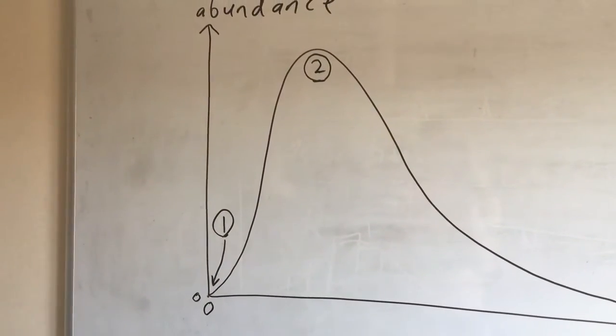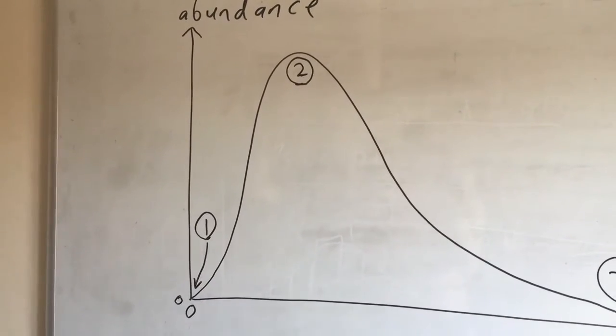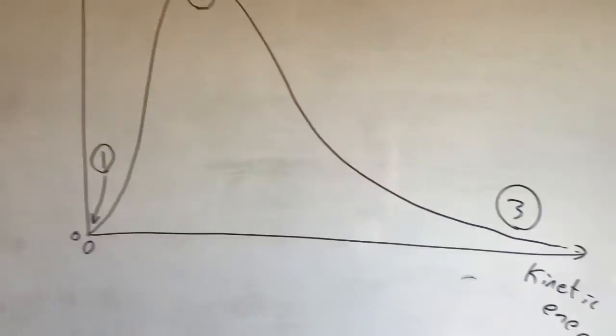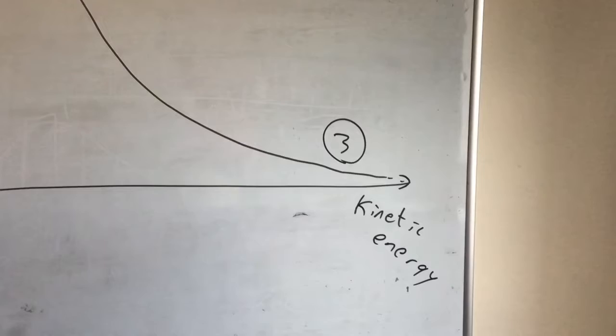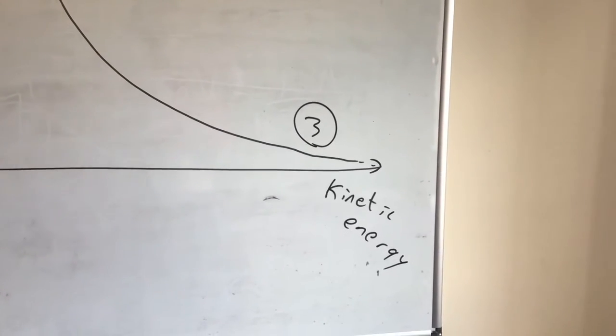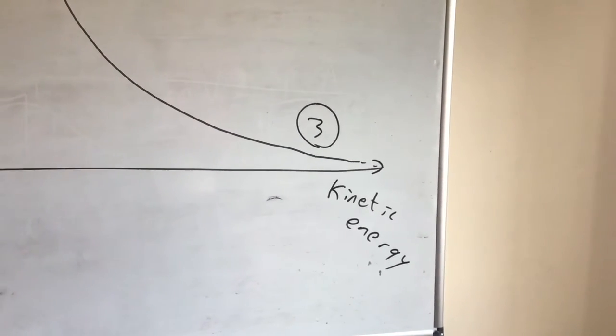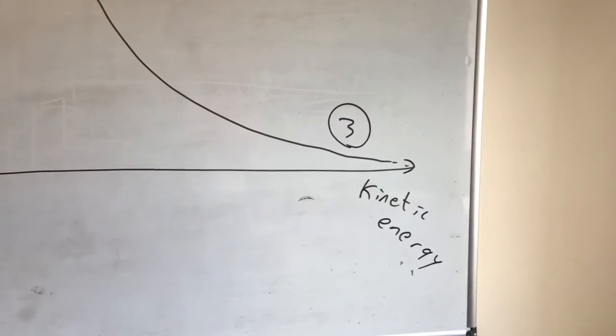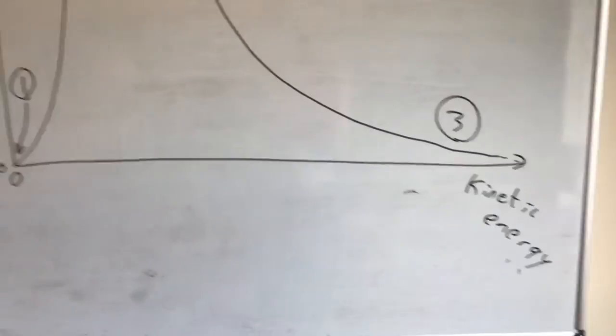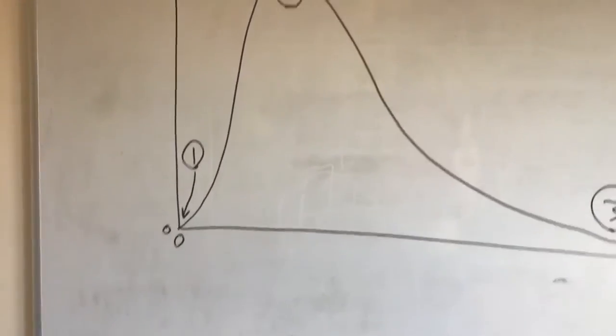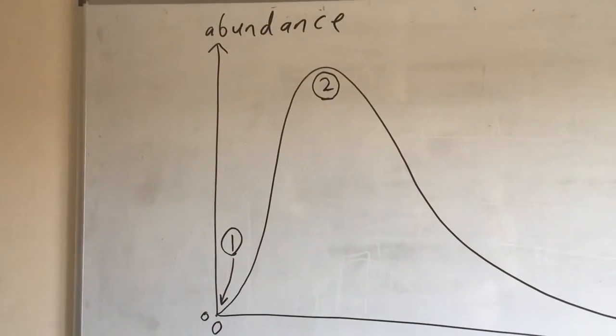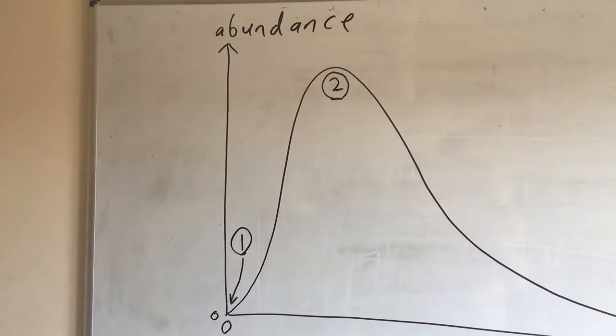Now obviously nobody actually sits there with a stopwatch and a ruler measuring the speeds of molecules. Can you imagine? What a stupid idea. Instead, this is mathematically derived. That's why it came from two theoretical physicists, James Clerk Maxwell and Ludwig Boltzmann.